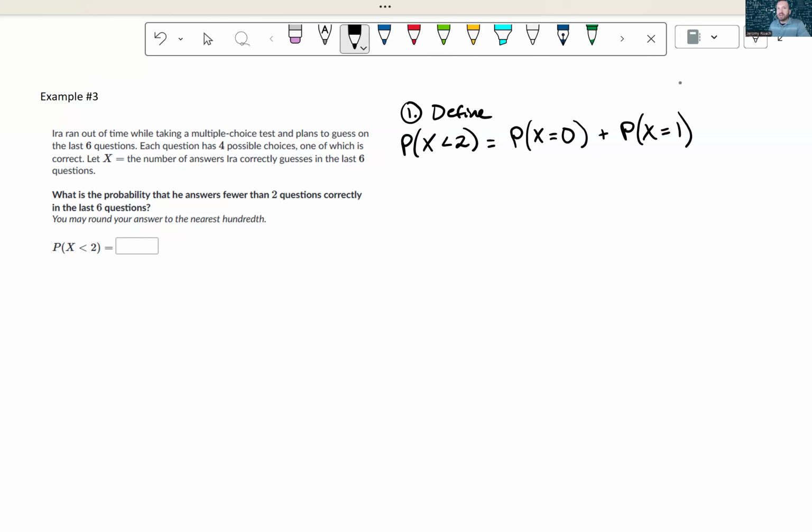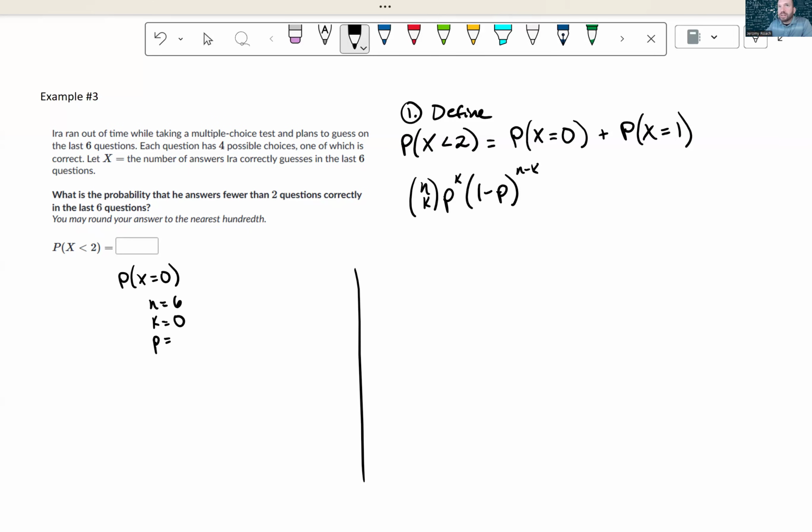Okay, we're going to do the same thing. We're going to split our paper down the middle and find the probabilities for each of these using the binomial probability formula. So I'm going to write that formula one more time: n choose k times p to the k times 1 minus p to the n minus k. For the probability that x equals 0, n equals 6, k equals 0, and the probability is 0.25.